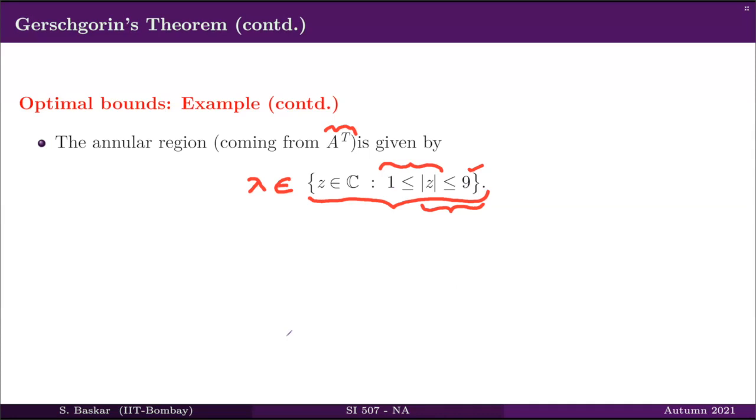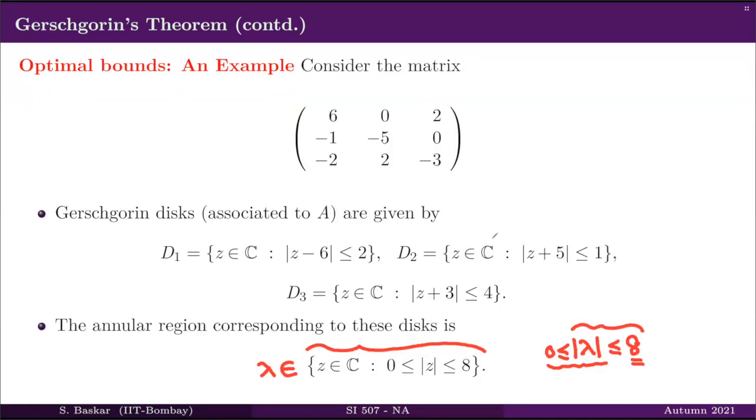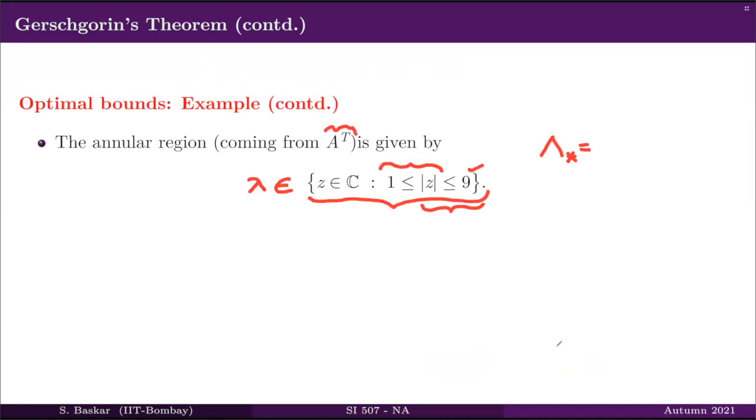From here, we have to find the optimal bounds, lambda subscript star, and that you have to take as the maximum of the lower bounds. In the first case, the lower bound is 0, and in the second case, that is for A transpose, we got the lower bound as 1. Therefore, it is maximum of 0, 1, and that happens to be 1.